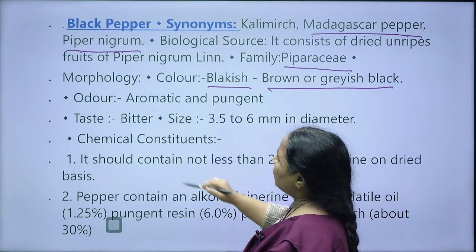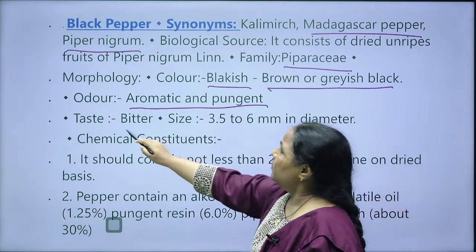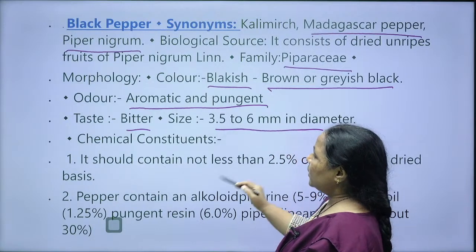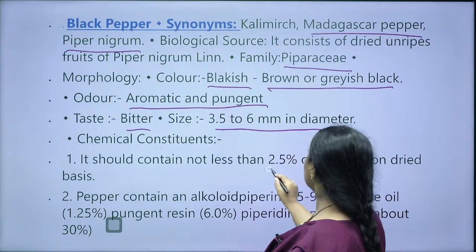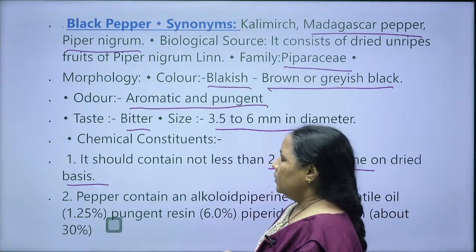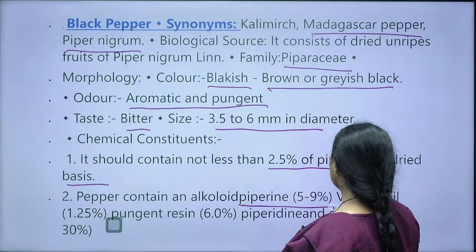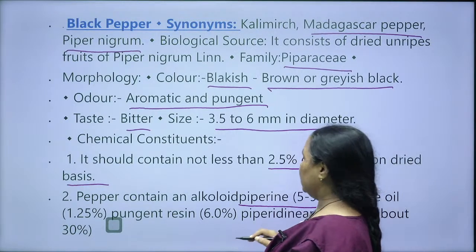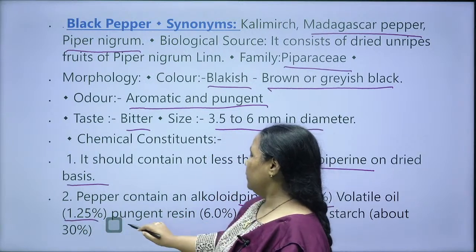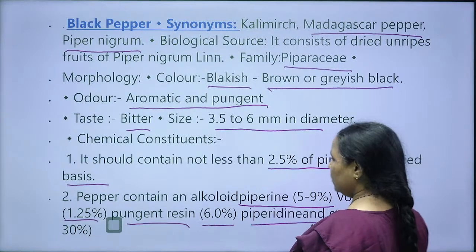The odor is aromatic and pungent, the taste is bitter, and the size is 3.5 to 6 mm in diameter. The chemical constituents should contain not less than 2.5% of piperine on a dried basis. Pepper contains an alkaloid called piperine, around 5 to 9%, volatile oil of 1.25%, pungent resin of 6.0%, piperidine, and starch about 30%.